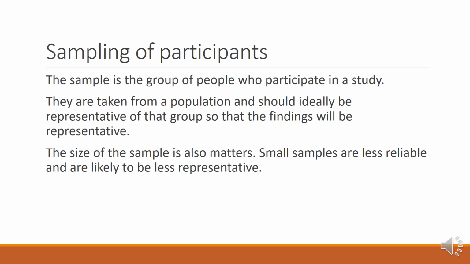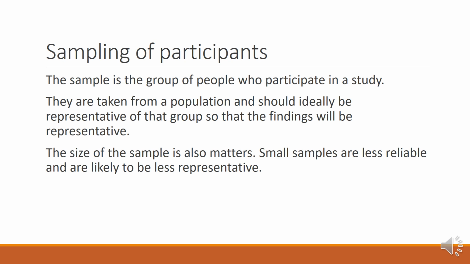It is more or less impossible to study every single person in a target population. The target population is the group of people that the researchers are interested in studying. Thus, psychologists have to select a sample, or a small subgroup of the population, that is likely to be representative of the target population.